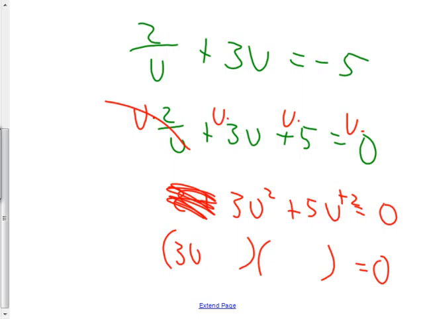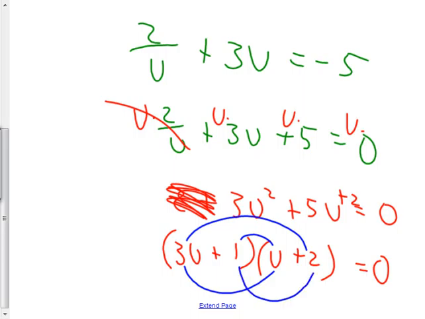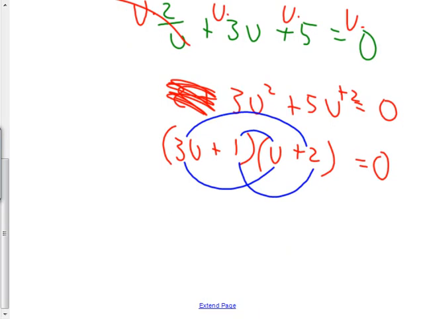Plus 1, and the other one is u plus 2. All right, now let me double check you. You check your firsts, and that should make 3u squared, and it does. My outside and my inside should total up to 5u, and it does. And my lasts, 1 times 2 makes a 2. It worked. Okay, so now, question about that?